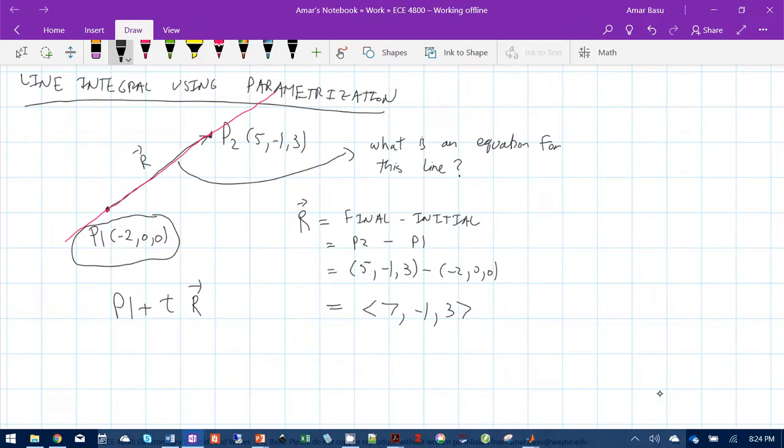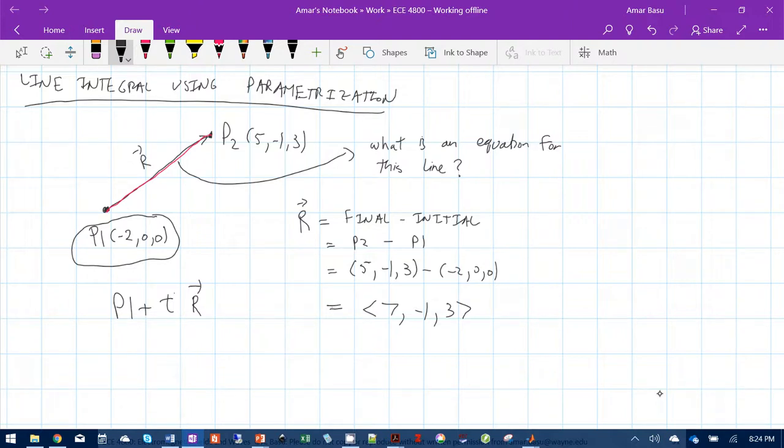All right, so let's say, just showing you intuitively how this is happening here, P1 plus 1 times r. So if t is equal to 1, what is P1 plus r? Where is that going to take us? You start off at P1 and then you add the vector r to it.